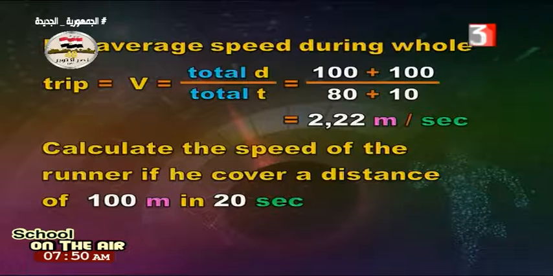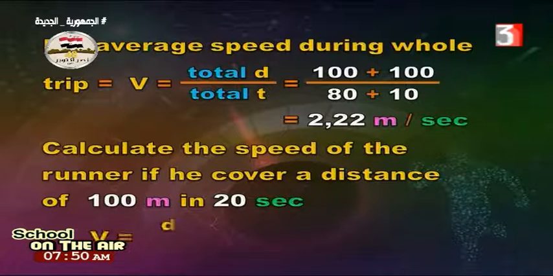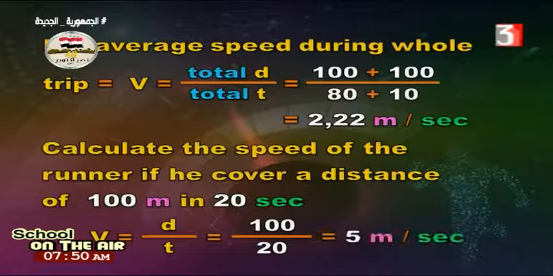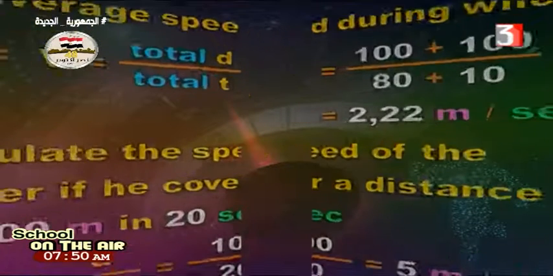Another problem: calculate the speed of the runner if he covered a distance of 100 meter in 20 seconds. V equals D over T, 100 over 20 equals 5 meter per second.